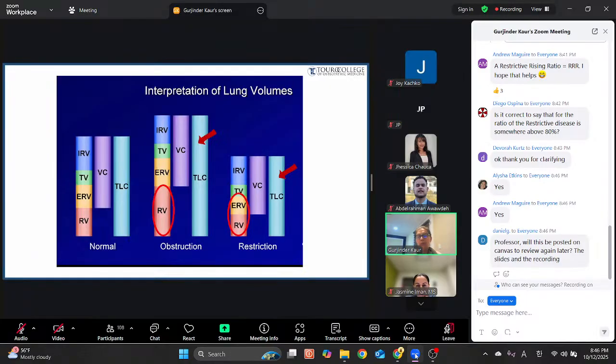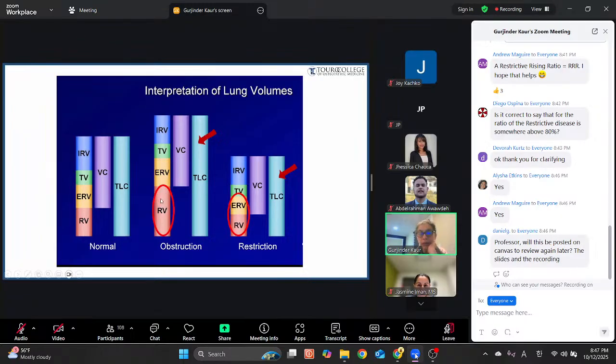So this is what I was trying to tell you guys. If you look at the obstruction here, these patients are having a hard time getting the air out. Their residual volume has increased, you can appreciate that. See how big it is, because they are trapping that air in the lungs and it's so difficult to get that air out.